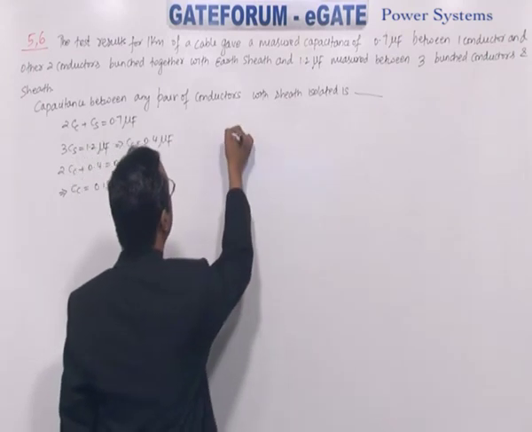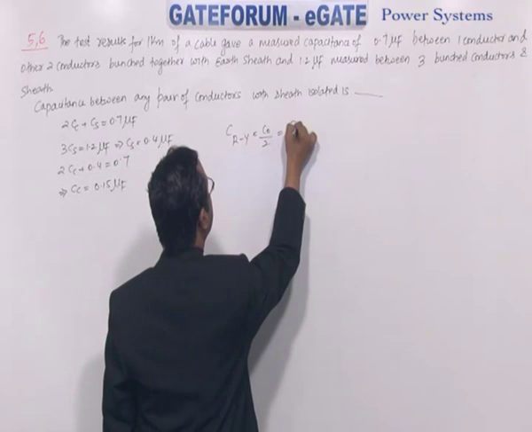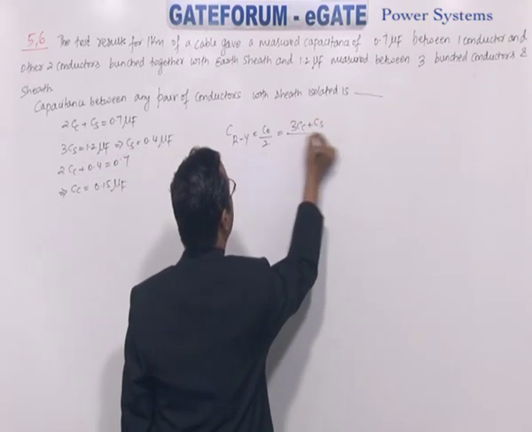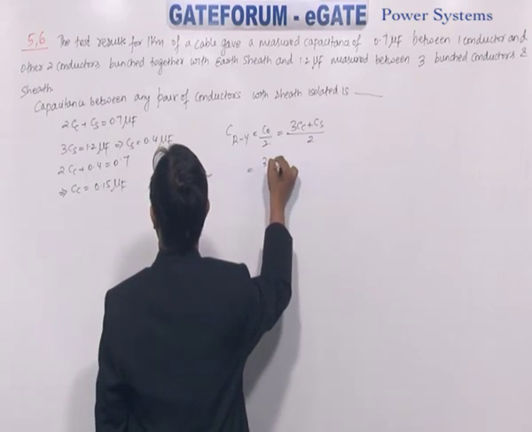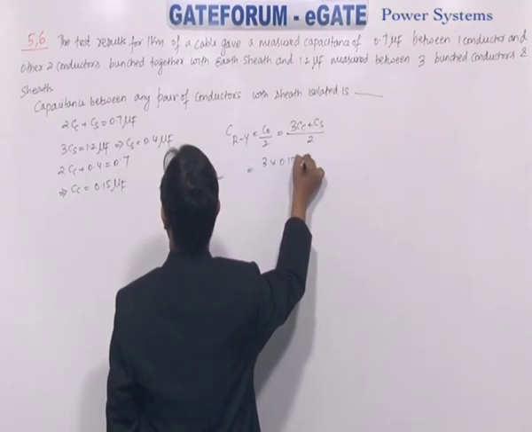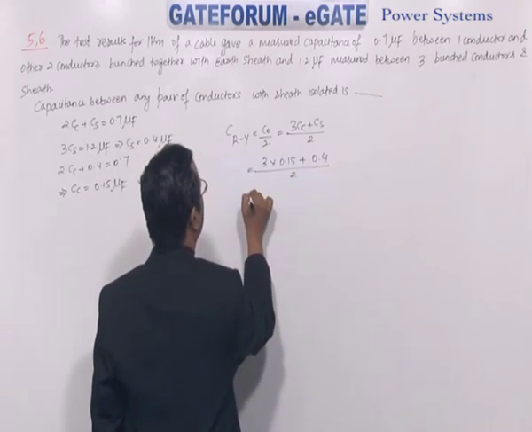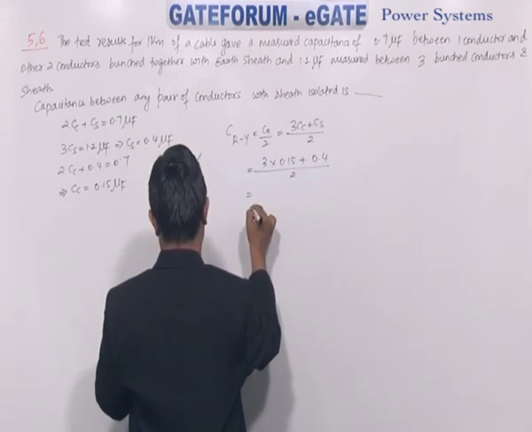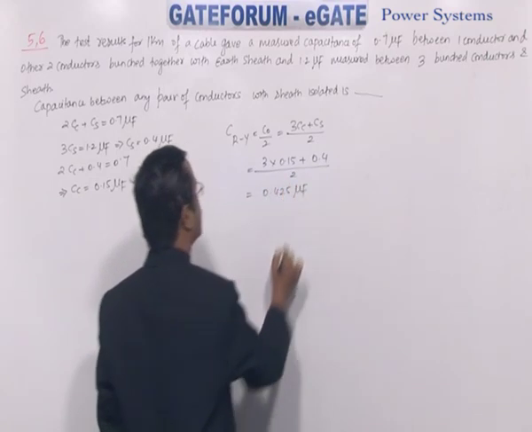So what is the answer now? It is C0 by 2. What is C0? 3 Cc plus Cs. So 3 into 0.15, Cs is 0.4, by 2. So on simplifying this one, you get 0.425 microfarads.